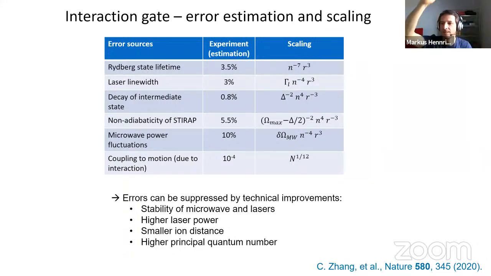Depending on the distance, the interaction goes up, and due to that, you get an effective force on the ions. And the calculated error here is how much the motion of the ions gets entangled to the quantum states of the ion by these forces. And this is relatively small and also doesn't scale so badly with the number of ions.